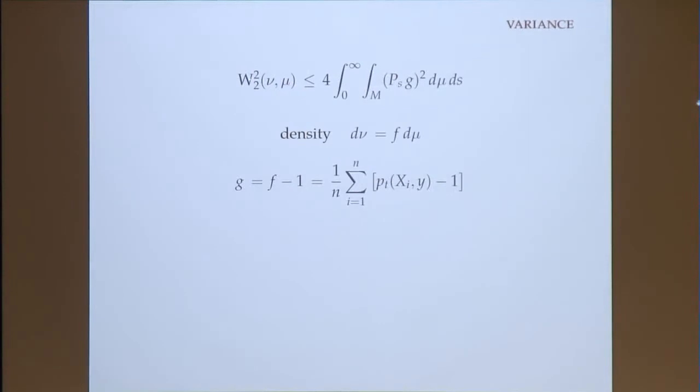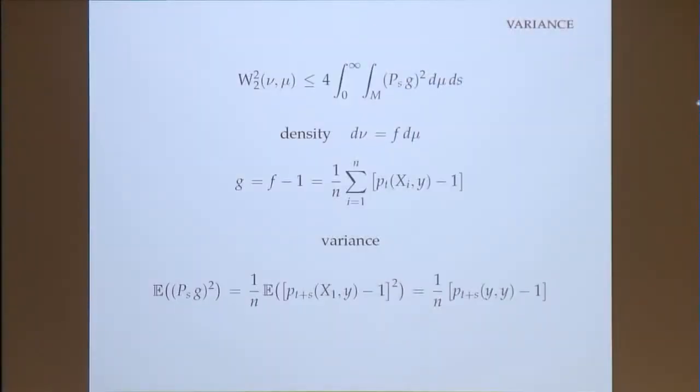If we take the expectation of W2, we will eventually take the expectation of this by Fubini. And if you take the expectation of this, first of all there is a shift of t plus s, because you are applying Ps, and then you are simply dealing with a sum of independent IID centered random variables. You take the variance, and you get 1 over n times the variance of one of them. Okay? And X1 has distribution mu.